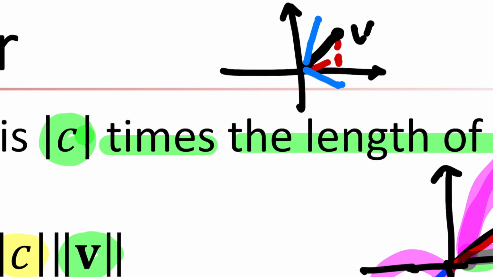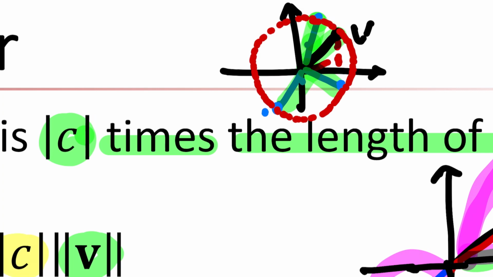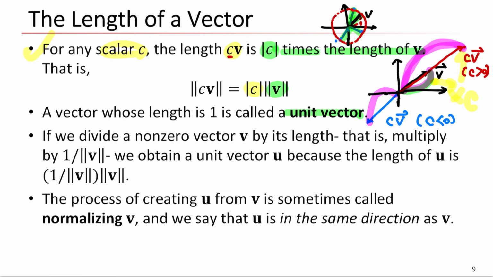Here, or here, or here, right? If they have the same length, these three points are also called unit vectors. So if we find every point that satisfies this, they will make a circle whose length is 1. Okay, so this is called the unit vector.